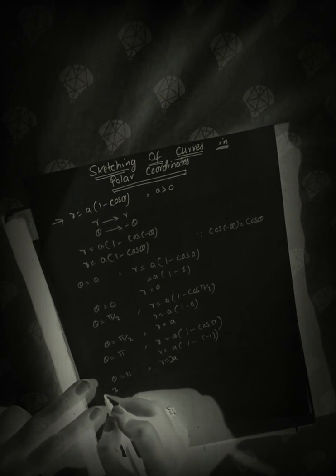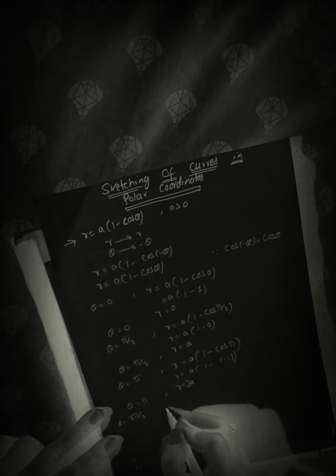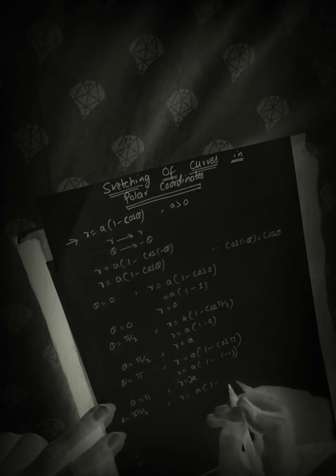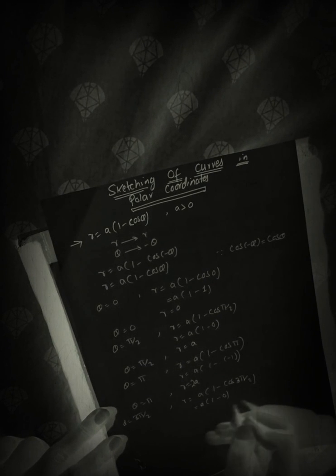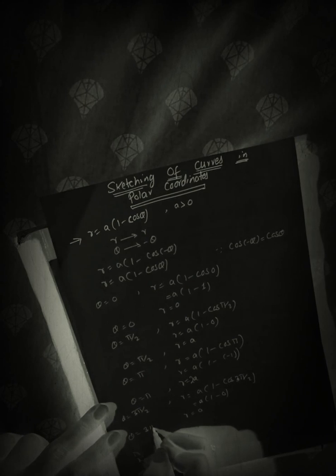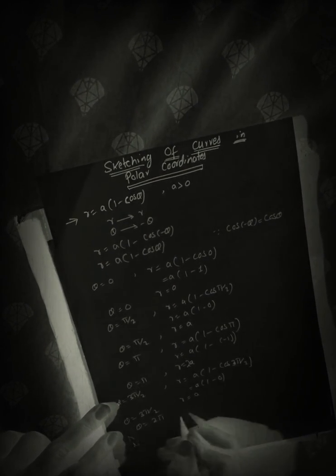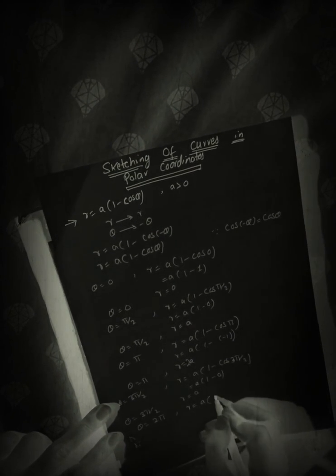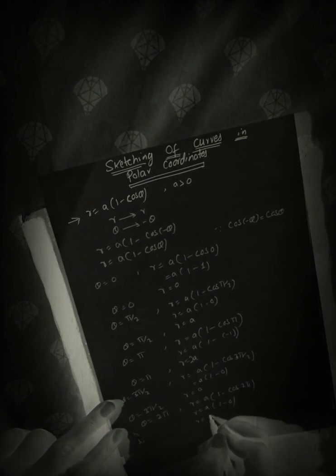Furthermore, put theta is equal to 3 pi divided by 2, meaning 270 degrees, then r is equal to a(1 minus cos 3 pi by 2), a(1 minus 0), then r is equal to a at theta is equal to 3 pi by 2. One more value, theta is equal to 2 pi, then r is equal to a(1 minus cos 2 pi), a(1 minus 1), r is equal to 0.